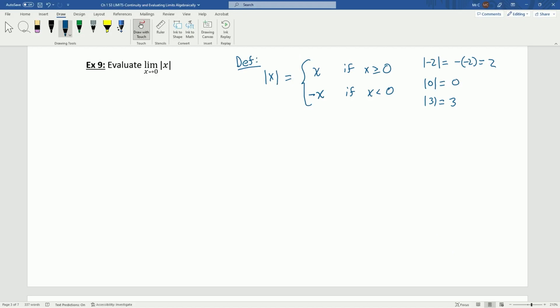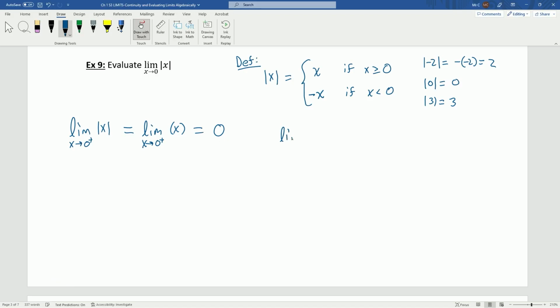So if I want to evaluate this limit, what I'll do is, since this is a piecewise function, I really need to evaluate this limit from each side of 0. So the limit of the absolute value of x as x approaches 0 from the right means values bigger than 0. So when I'm looking at values bigger than 0, I don't need the absolute value. I can just say x. That's a continuous function. That gives me 0.